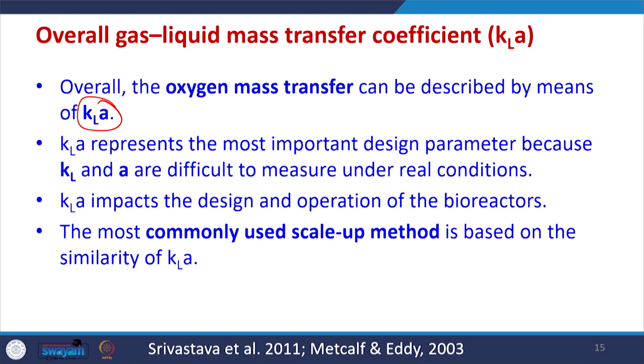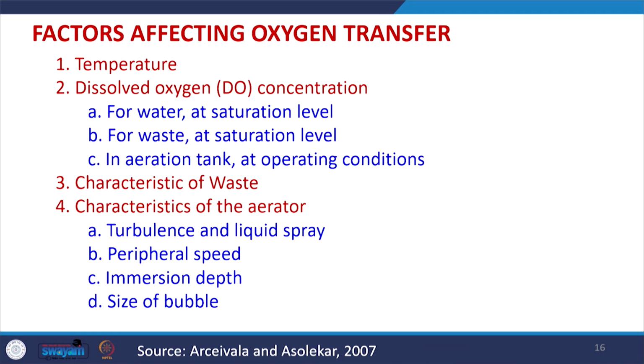KLA impacts the design and operation of bioreactors, including biological wastewater treatment units also. The most commonly used scale up method is also based upon the similarity of KLA. So, KLA has overall very high importance, and it has to be determined, and it is used in the overall biological design. Now, there are various factors which affect the oxygen transfer.